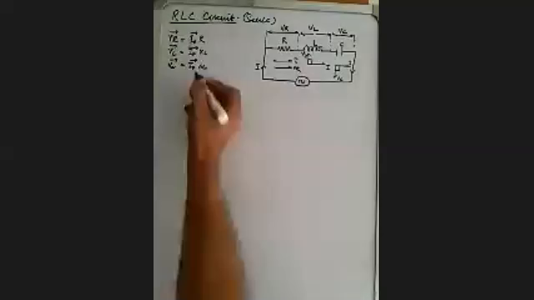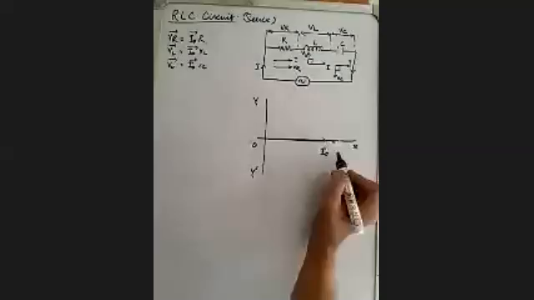Now the potential difference across R, the phasor representing this is VR. We know these two are in the same phase. Let us suppose the OA vector represents VR; the magnitude of OA is VR.